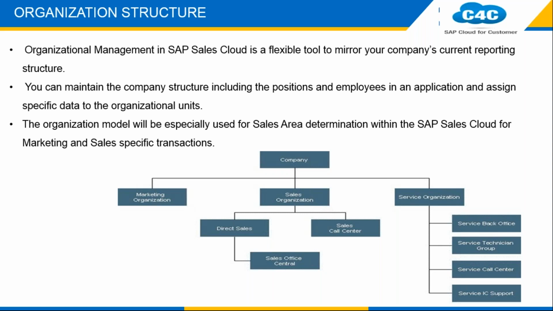Currently it is known as CPI, Cloud Platform Integration. You require this middleware tool. And when you integrate C4C with CRM, you can replicate that sales organization structure to C4C. But to replicate this, there is a prerequisite that needs to be built in C4C. Then only you can replicate those in C4C.